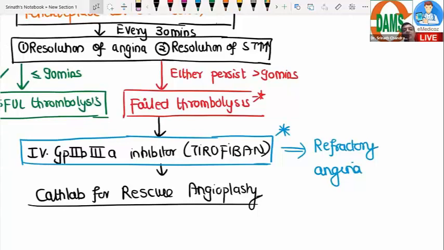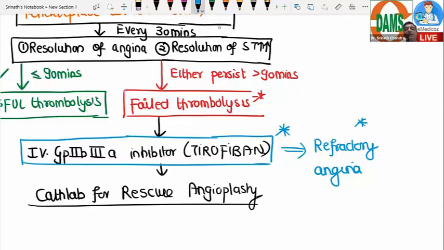Along with antiplatelet and anticoagulant, you have the choice of giving an IV GP2B3A inhibitor. To understand the pharmacology behind this agent, I'm going to hand over back to Thiru sir.